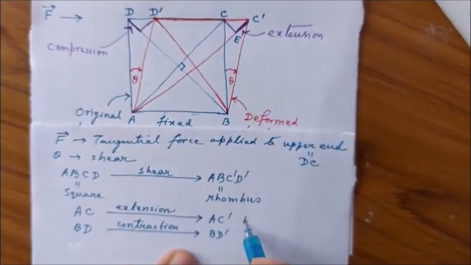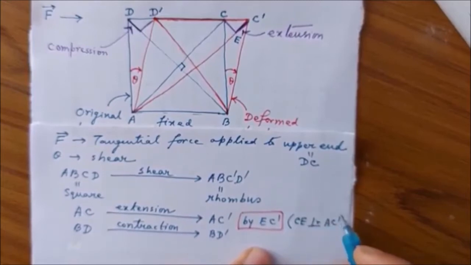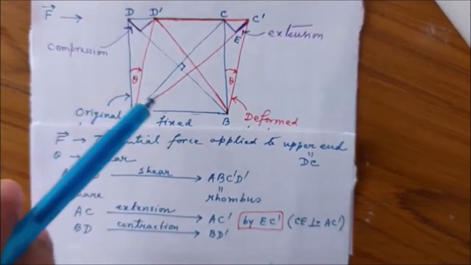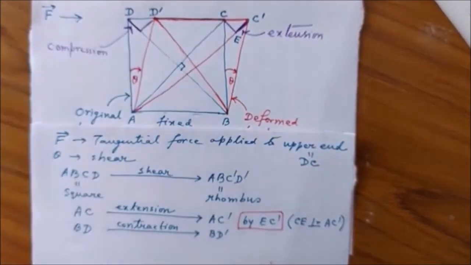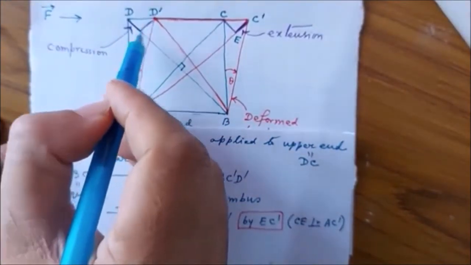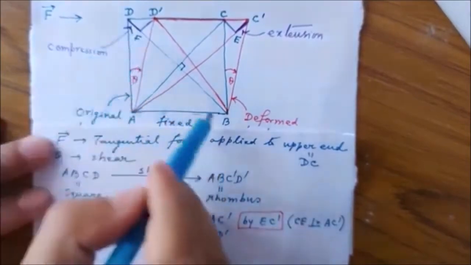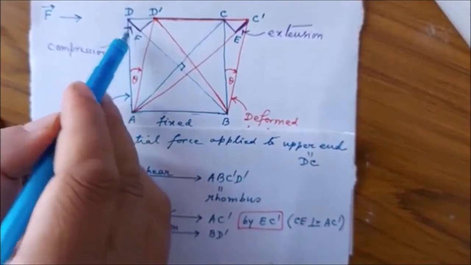So let us write, extension of amount EC prime, as we dropped a perpendicular CE on AC prime. The amount of compression of this diagonal BD can be obtained by dropping a perpendicular D prime F on BD, and the contraction amount is DF.